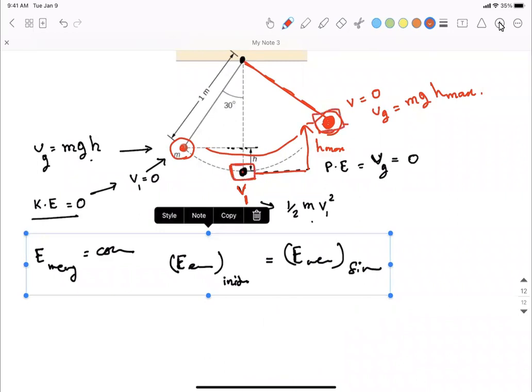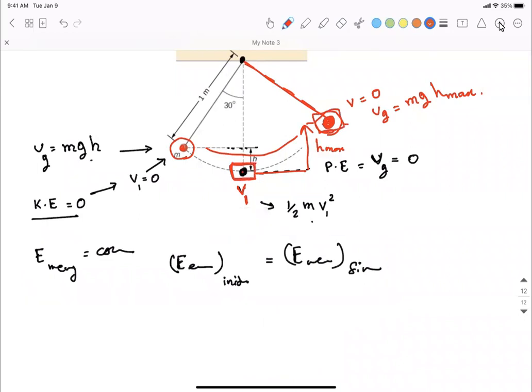If I go with here, it has only kinetic energy, 1/2 mv1 squared. I am using initial as the very bottom of this motion. No potential energy right here. Final has 0 kinetic energy, since at maximum height velocity is 0, plus m g h max.